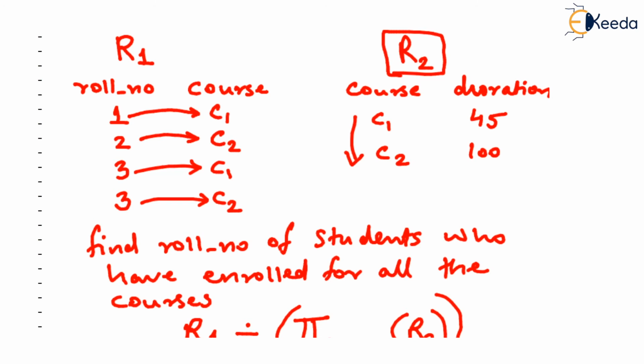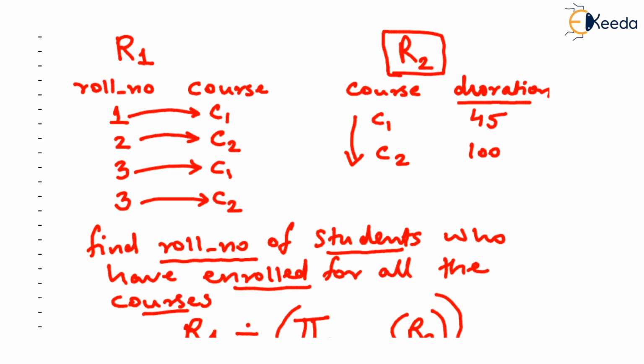But notice there is one more column here, the duration of the course, maybe in hours or days, 45 hours and 100 hours. Now we want to know the roll numbers of the students who have enrolled for all the courses.